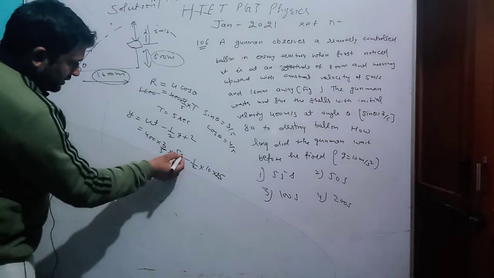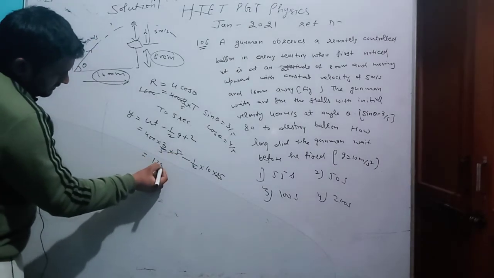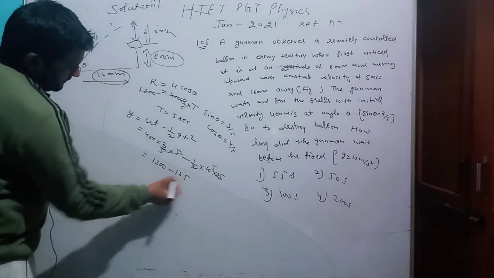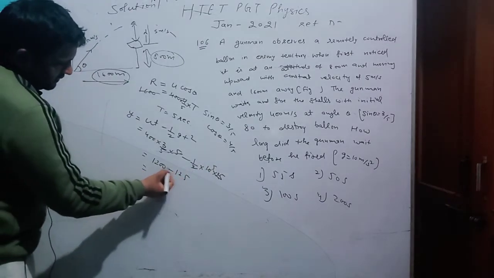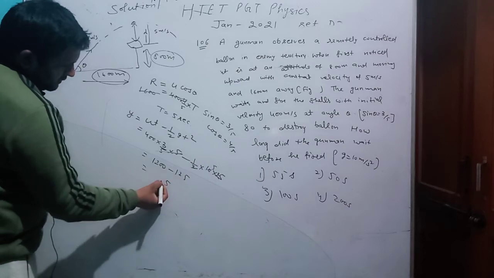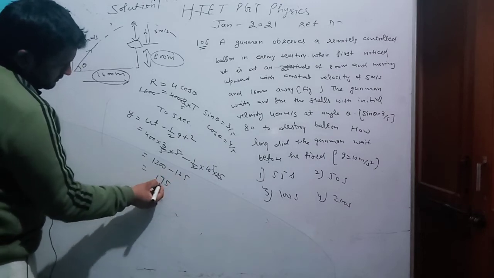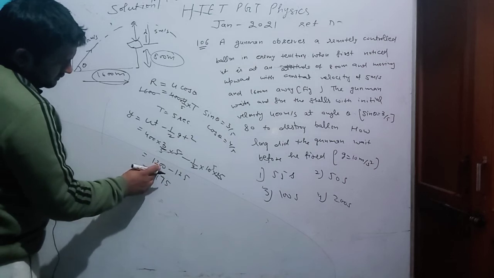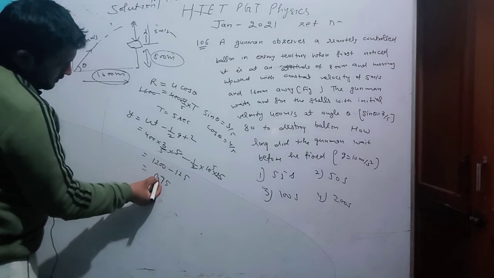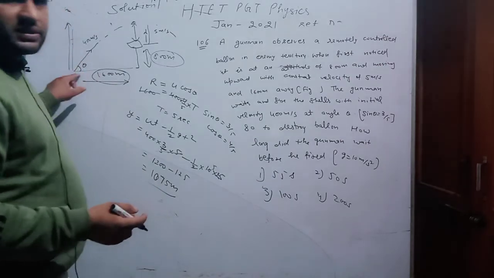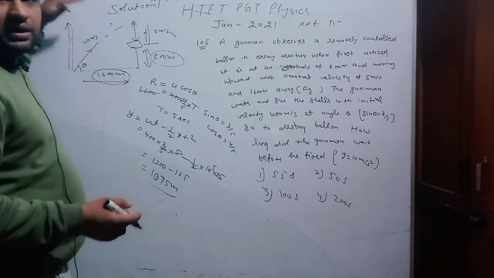Here the 5 cancels, that is 1200 minus 125, so the value will be 1075. So this is the height it travels in 5 seconds vertically upward.